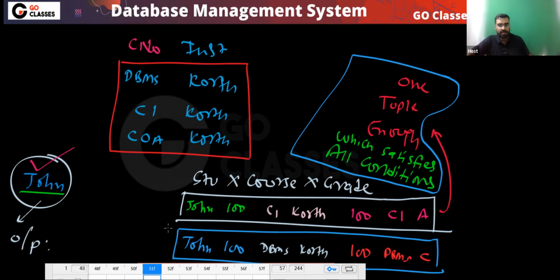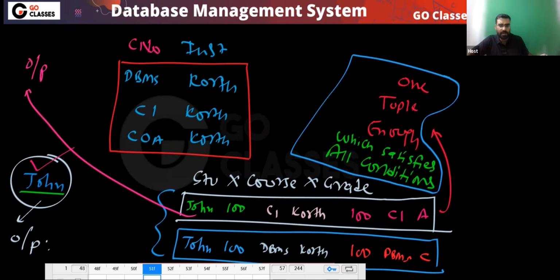So can I say Zone will be in the output or not? These two things you have. Very simple question. He got grade C in the DBMS, he got grade A in the C1. So still he will be in the output. Yes or no? Because of the where clause, he will still be in the output.